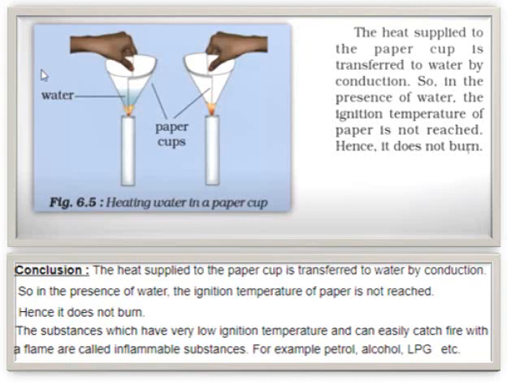The substances which have very low ignition temperature and can easily catch fire with a flame are called inflammable substances. Petrol, diesel, alcohol, LPG are some of the inflammable substances that we use in everyday life.